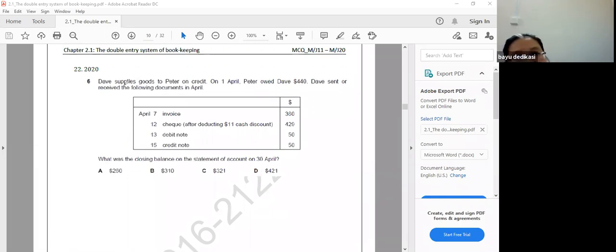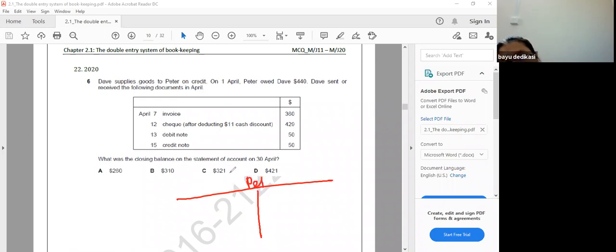Dave supplied goods to Peter on credit on 1st April. Peter owed Dave 440. Dave sent or received the following documents in April. What was the balance in the statement? If we open the account, Dave supplied goods to Peter on credit.